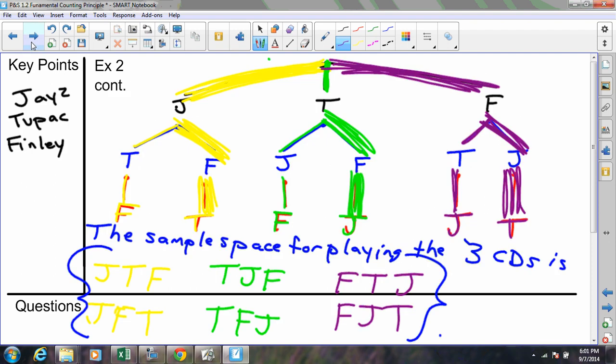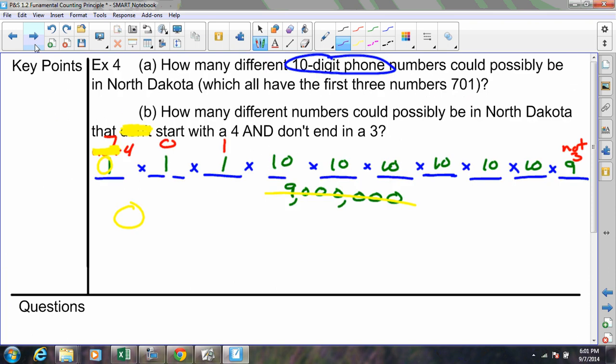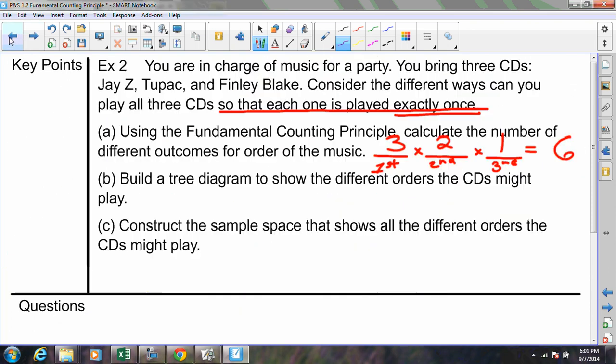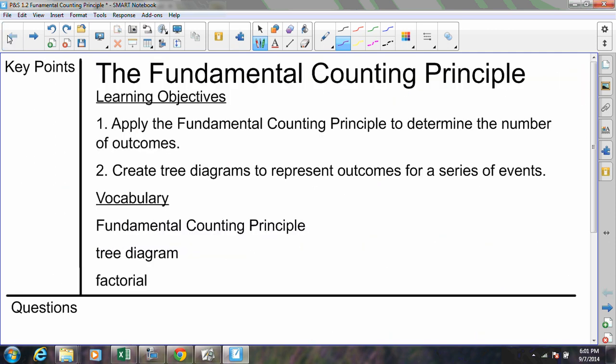In any case, whether you're doing a tree diagram or trying to create a sample space or just trying to answer the question, you can use the fundamental counting principle to determine the total number of outcomes, and all you have to do is multiply by the number of outcomes available at each particular stage.